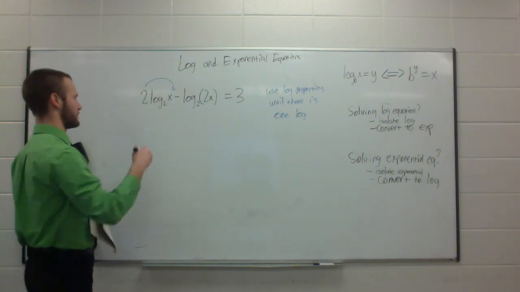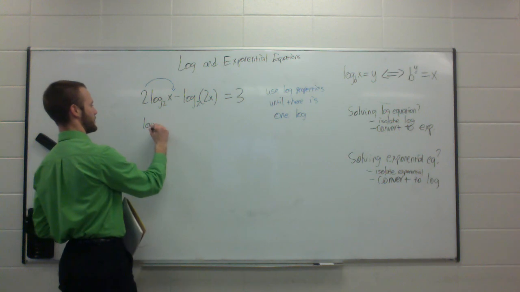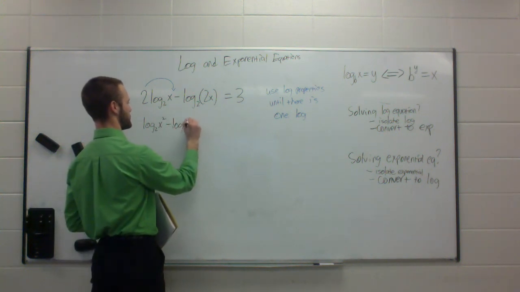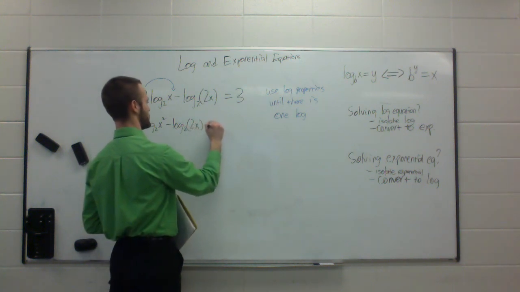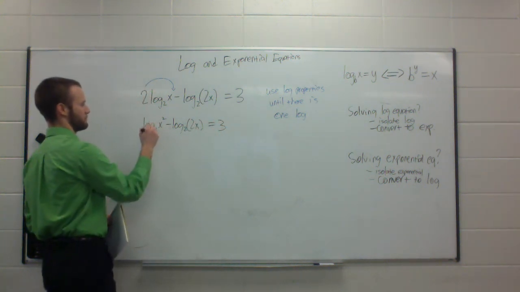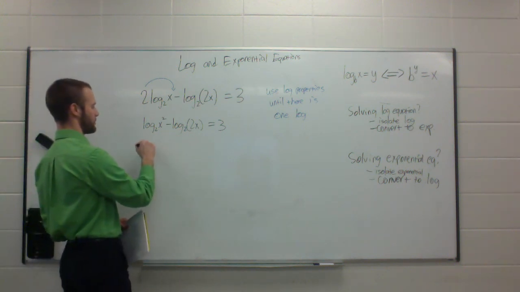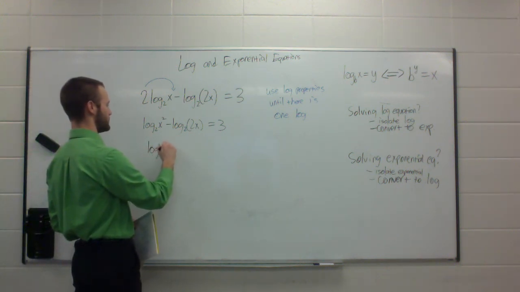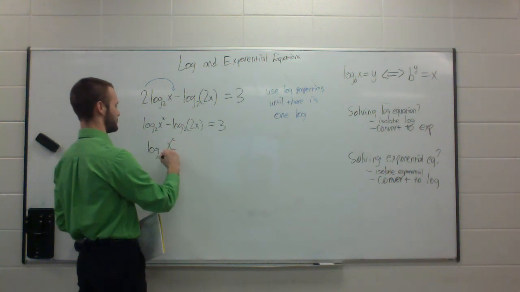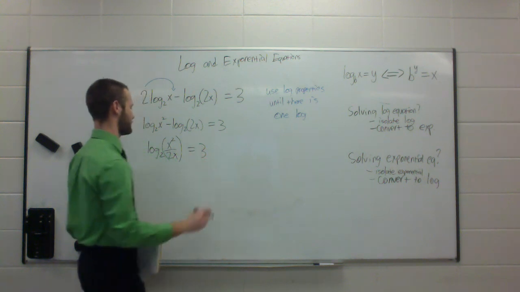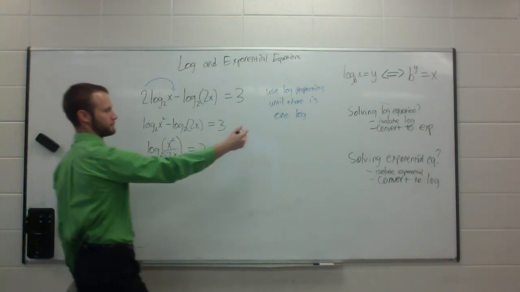And I end up with log base 2 of x squared minus log base 2 of 2x equals 3. Now I can apply the subtraction property. So I get log base 2 of x squared over 2x equals 3. Now I have one log.